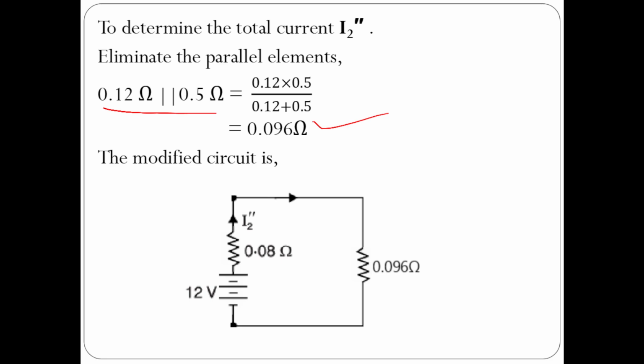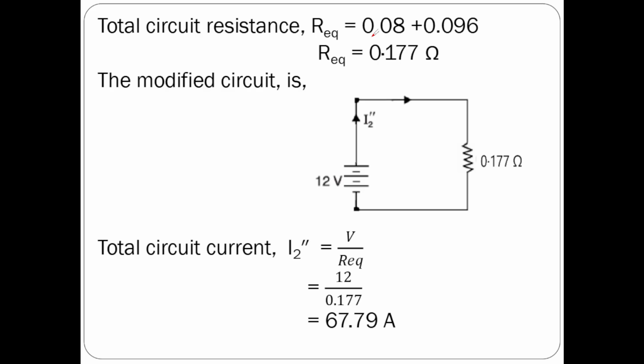So this is our given circuit, and now the modified circuit based on the simplification that we have done. If you observe here, in the 0.08 ohms and 0.096 ohm, the same current will flow. Current is not dividing, there is no junction here. Therefore you can simply add these two resistances, that is 0.08 plus 0.096. So our equivalent resistance is 0.177 ohms. This is R equivalent.